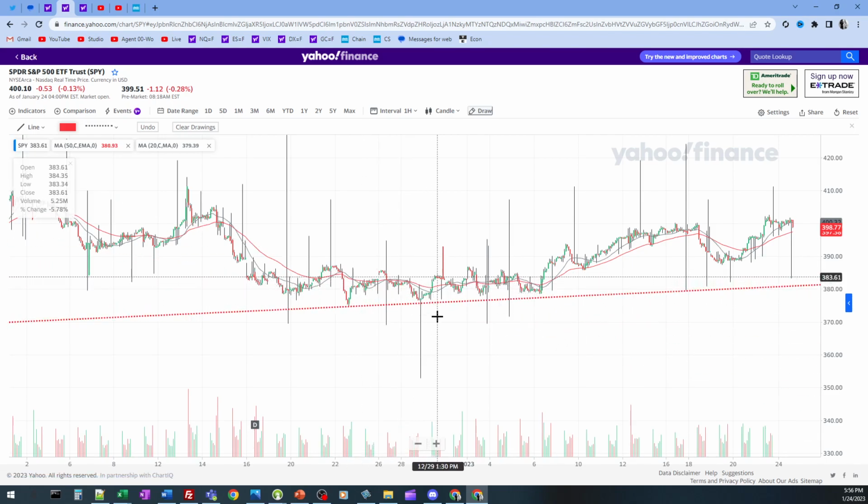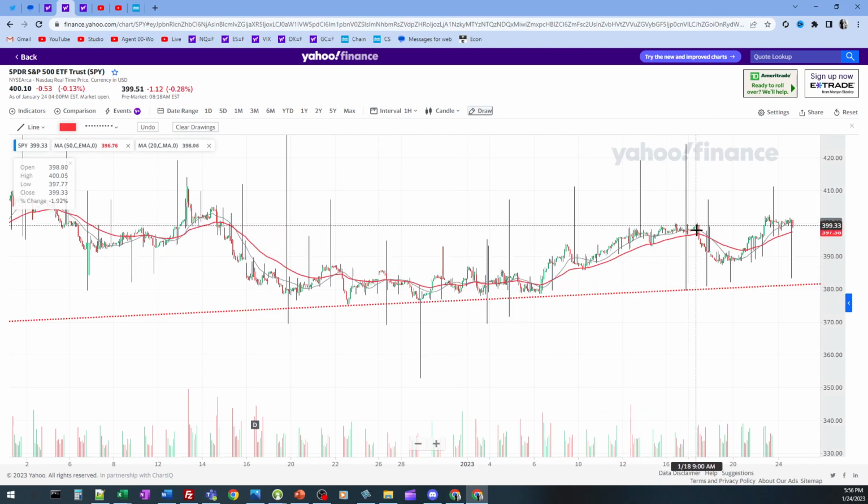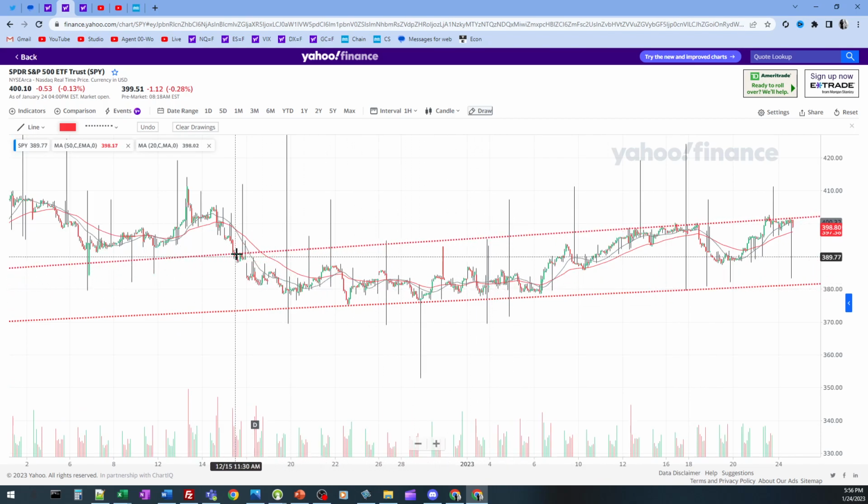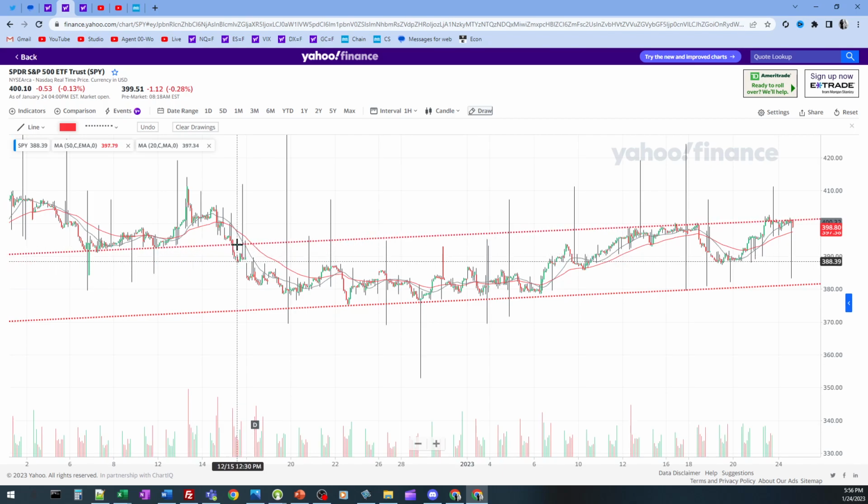Okay, got that connected. Now, okay, so then we're going to draw the top of the channel. So I recommend going to 1/18, like so, and then connecting that with, it's going to be basically parallel.